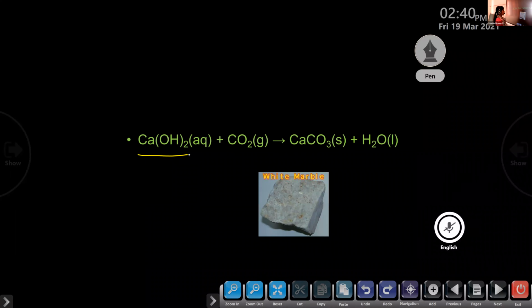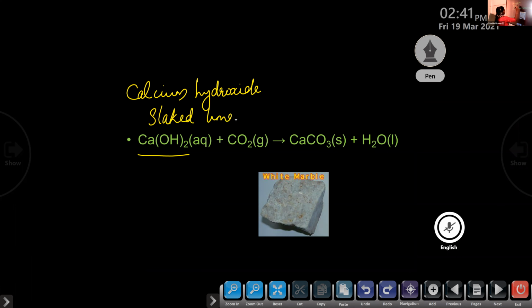Ca(OH)2, that is calcium hydroxide, otherwise known as slaked lime, reacts with carbon dioxide to form calcium carbonate, that is marble.